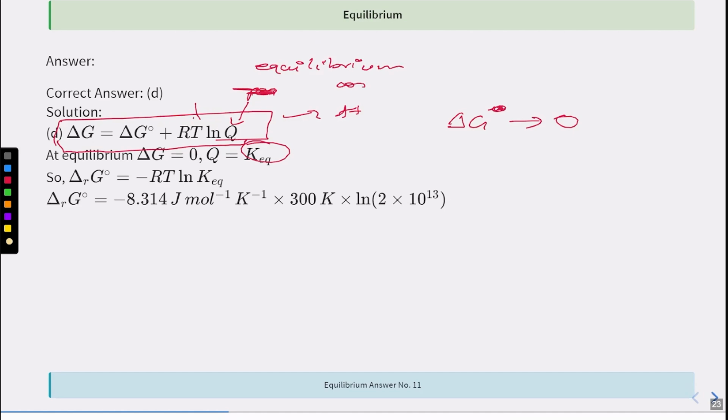So T is your temperature, and R is basically your constant, which is 8.314 joules per mole per Kelvin. Okay. So now you just need to solve the equation, putting in all the values. So you have 8.3, you have 300, and you are taking ln of K equilibrium.